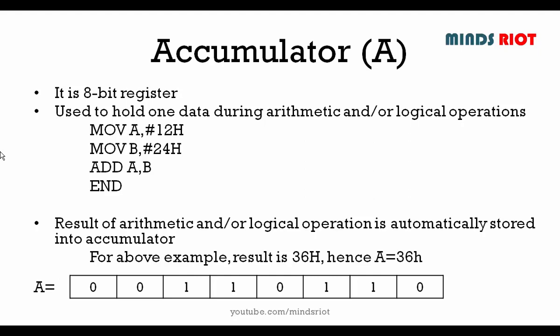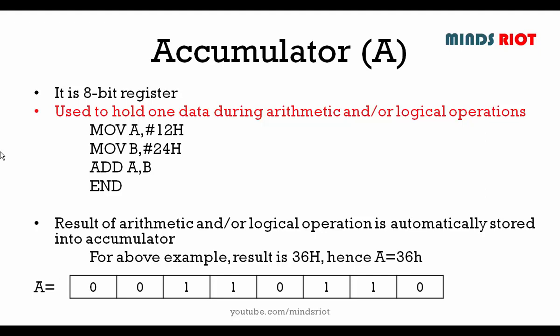The very first 8-bit register is the accumulator. It is an 8-bit register. It is used to hold one data during arithmetic and logical operations. This is an important point. We have to remember 2 points regarding the accumulator. First point is during arithmetic and logical operation, one data must be in the accumulator.